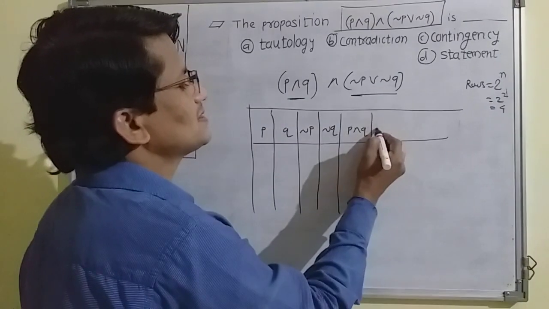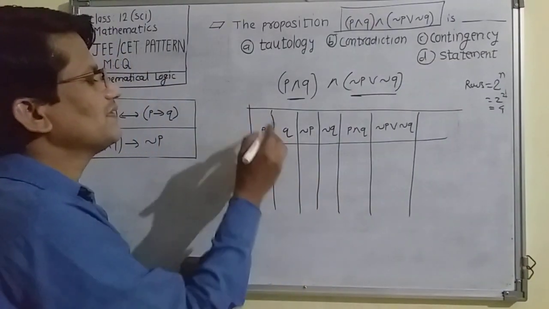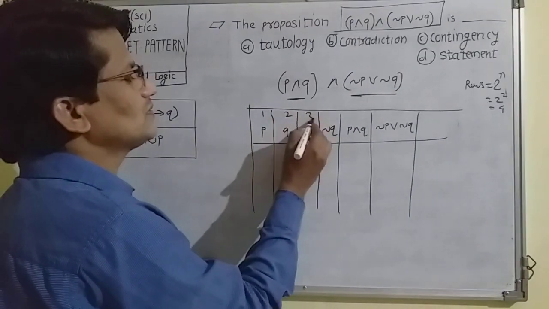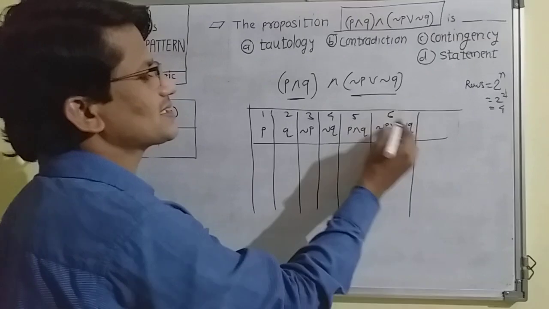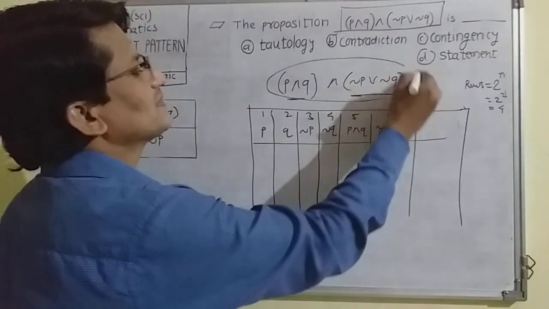Then this bracket, negation P or negation Q. I am giving numbers like this: 1, 2, 3, 4, 5 and 6, and the last column means the whole statement.